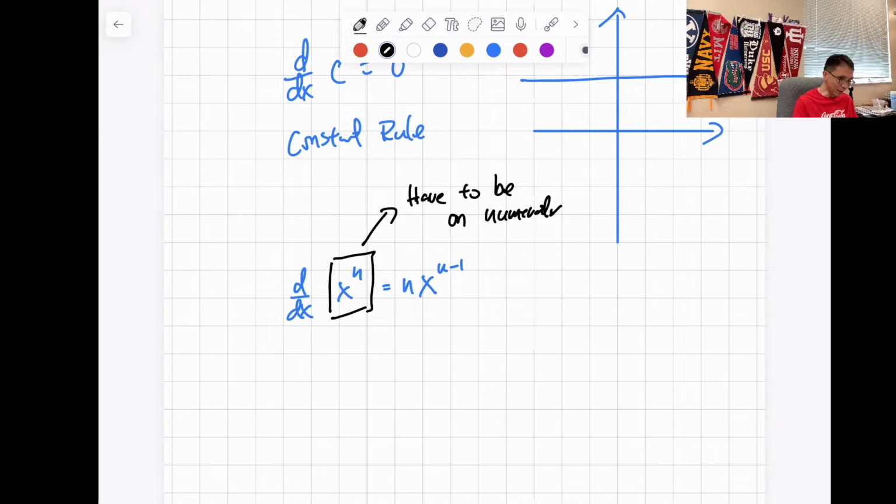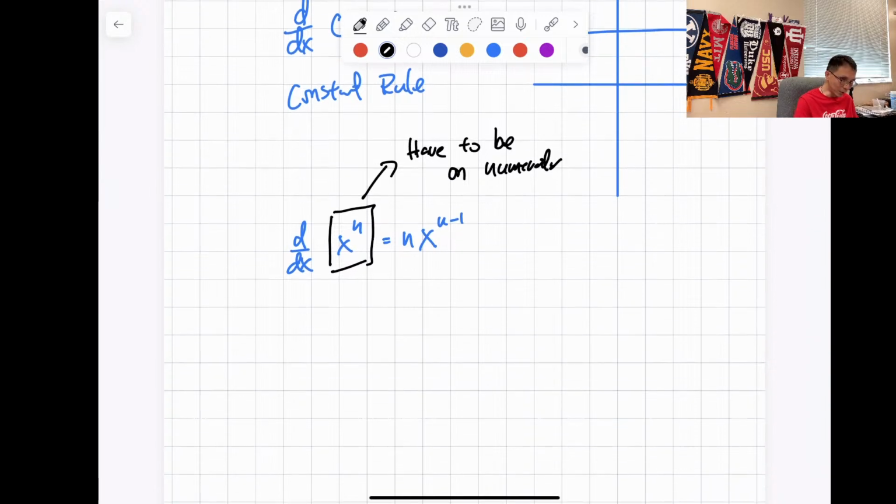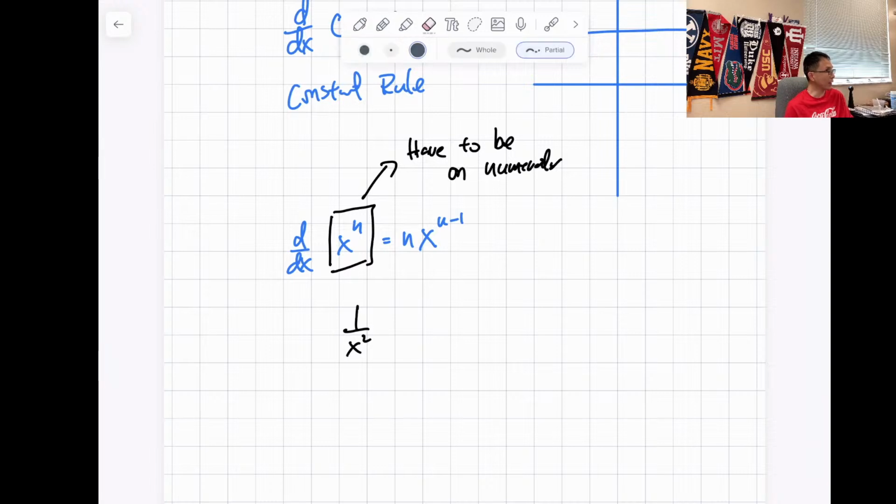What does that mean? It doesn't work with 1 over x squared. This one does not follow the rules because 1 over x squared is not on the numerator. Can I take a derivative of 1 over x squared? Yes, but you have to do something else first, right?